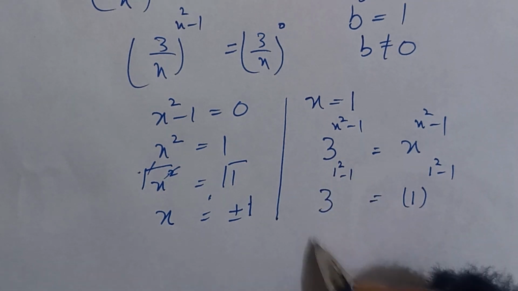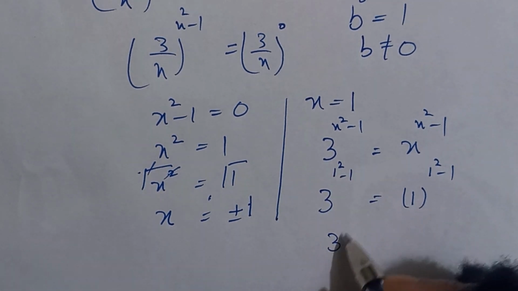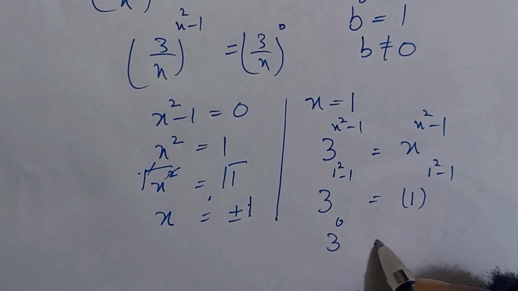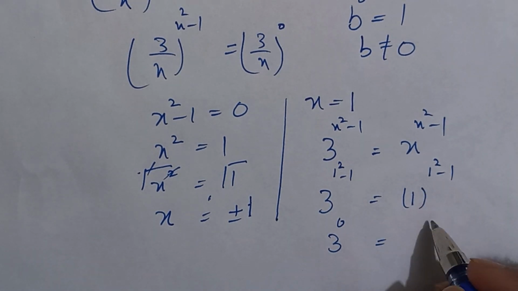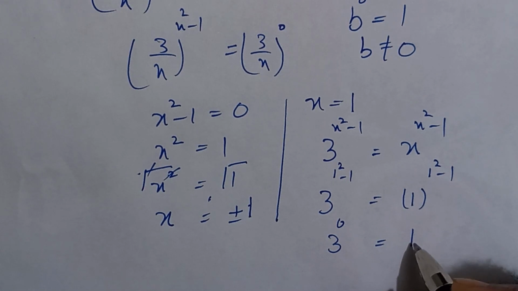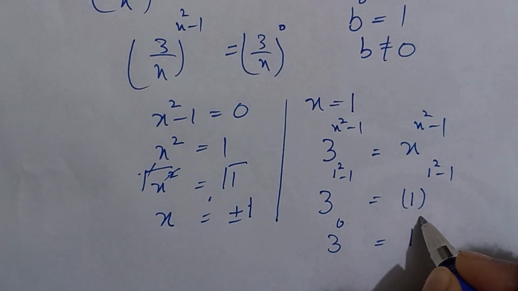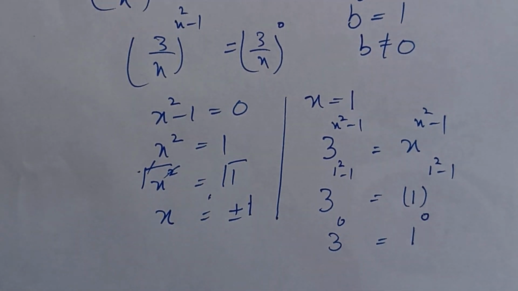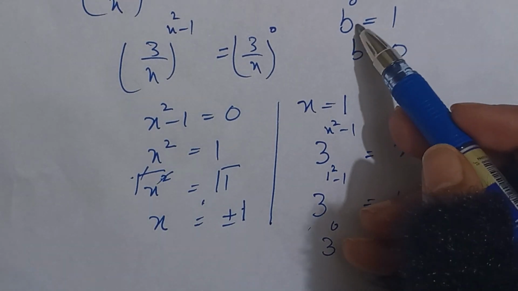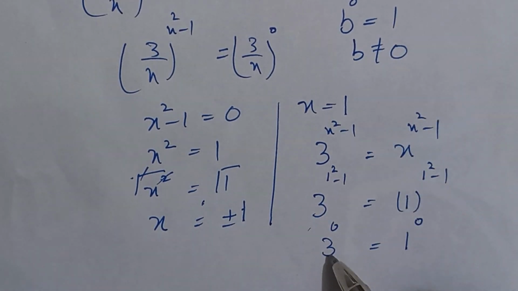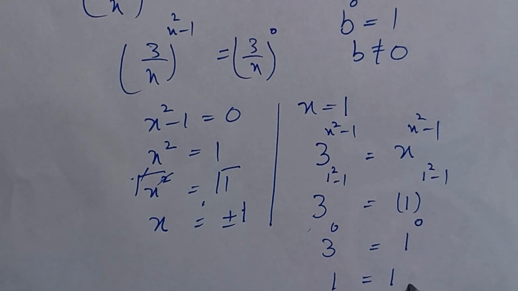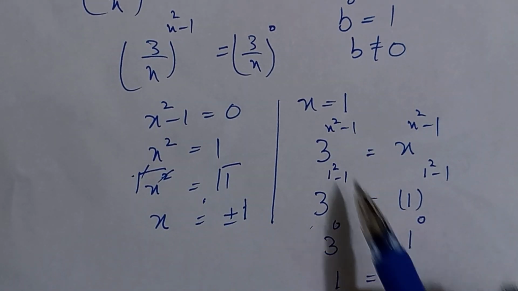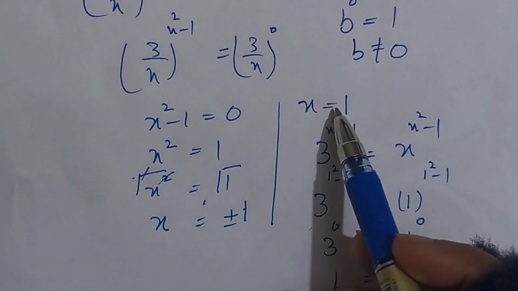So the left hand side will become 3 raised to the power 0, and the right hand side will become 1 raised to the power 0. And using this property, b raised to the power 0 is equal to 1, so this will become 1 and this will become 1. So left hand side is equal to right hand side. So we have done, and one value of x is 1.